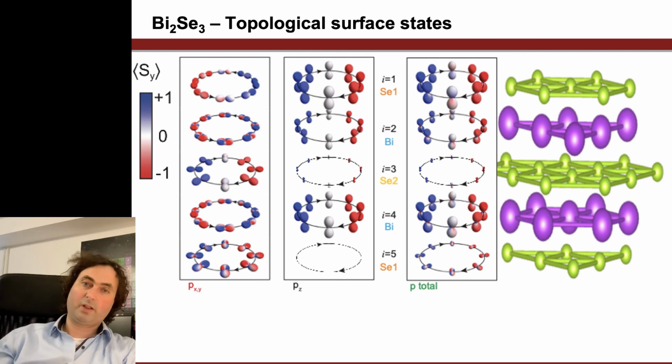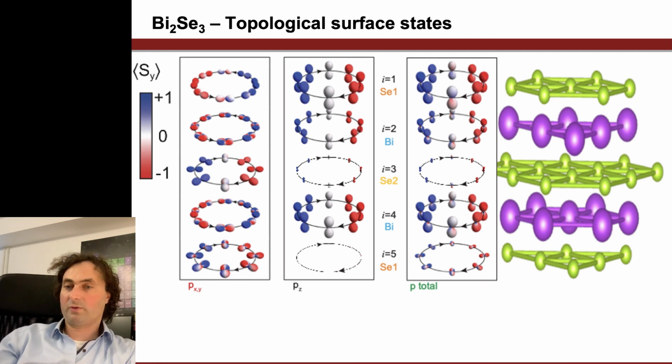You can call them Dirac cones if you want, according to the massless Dirac Hamiltonian. We have spin up and spin down mixing with decay vectors. If you put in distortion, you stay nicely metallic, because these surface states are protected by topology.